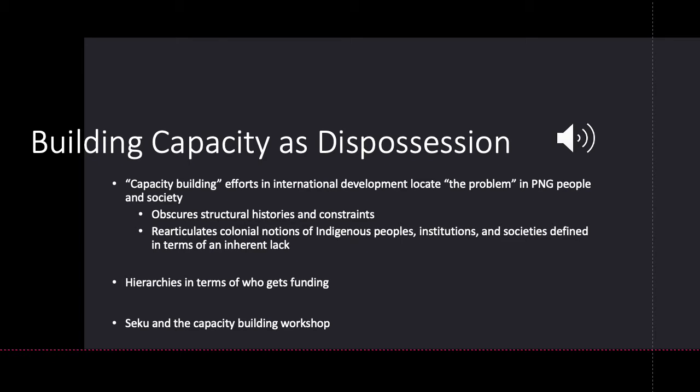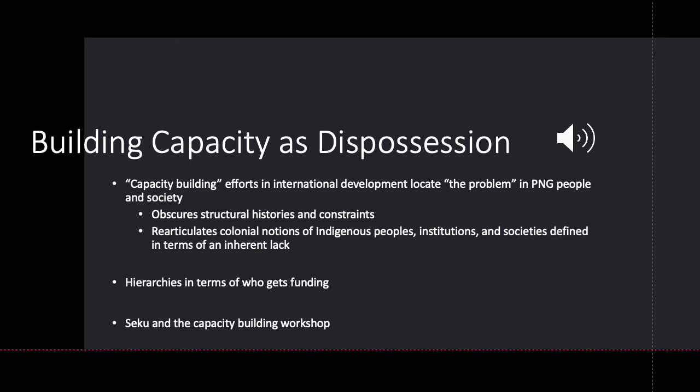The second lovely example has to do with hierarchies in terms of who gets funding. Paige West talks a lot about how her own NGO, non-governmental agency, that she works with, that's mostly run in large part by Papua New Guinean nationals, is unable to get these grants from these international agencies.